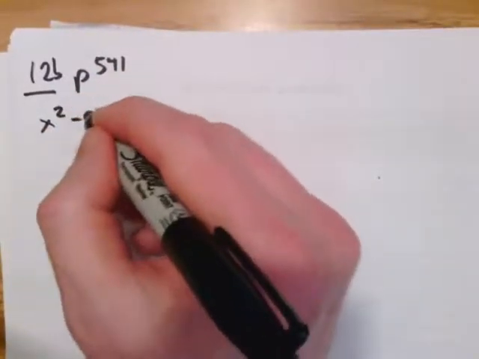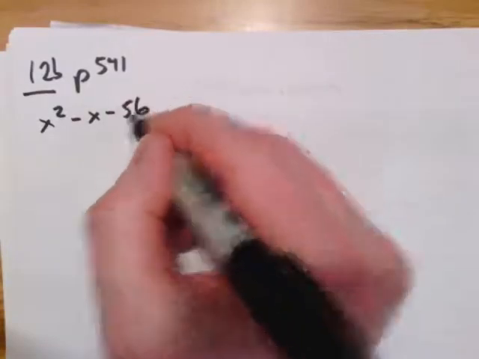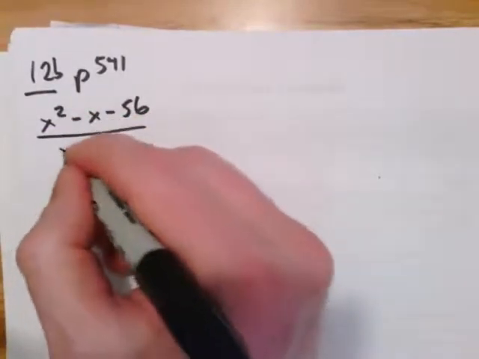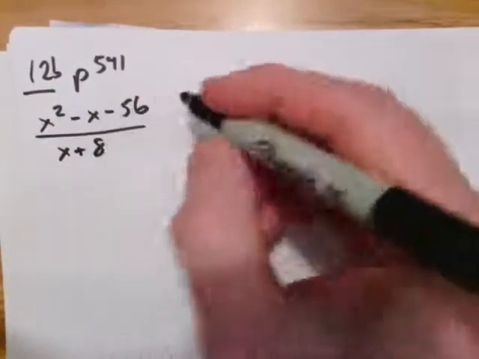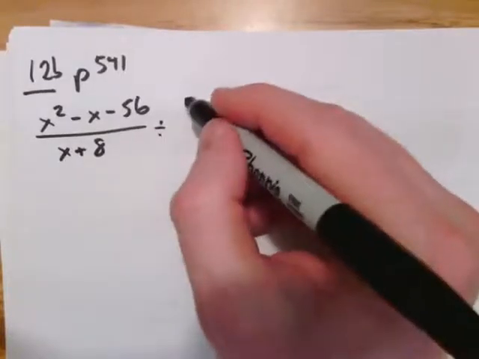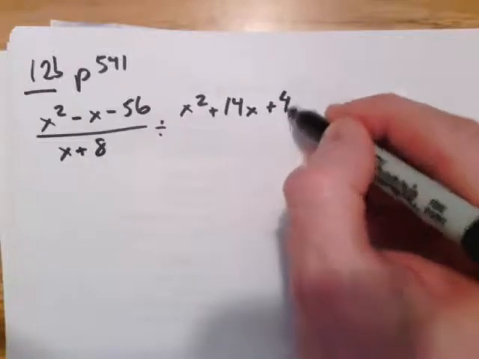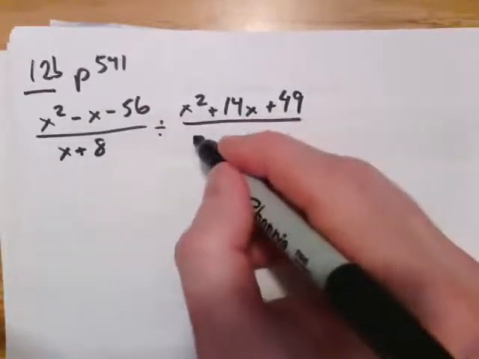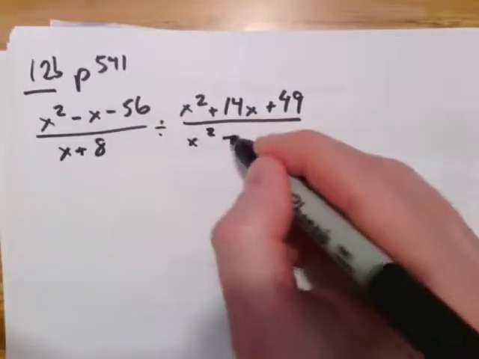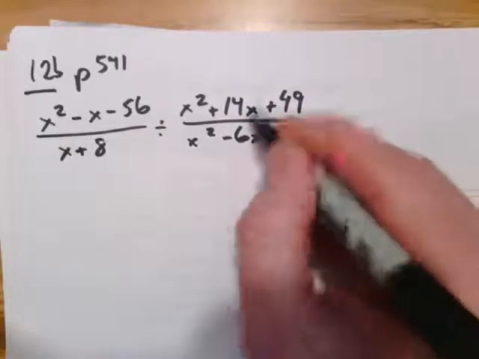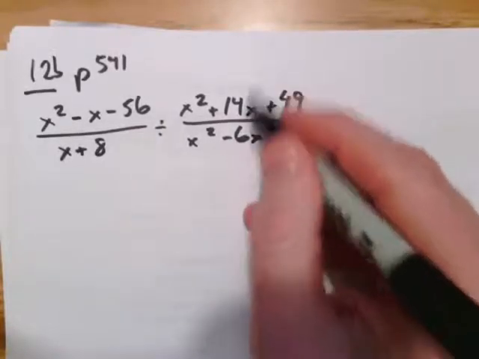x squared minus x minus 56 over x plus 8 divided by x squared plus 14x plus 49 over x squared minus 6x minus 16. So this top and bottom, these are where our non-permissibles will be.